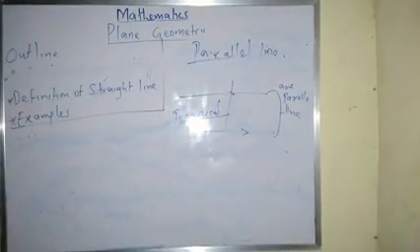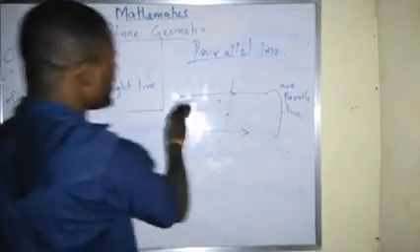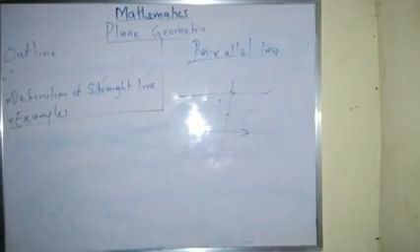The next thing I want to work on here: if I have two parallel lines like this and I want to work on their angles, how do I do it?